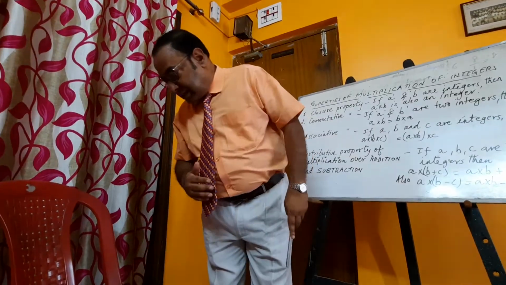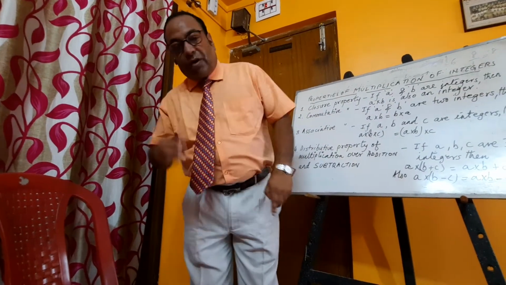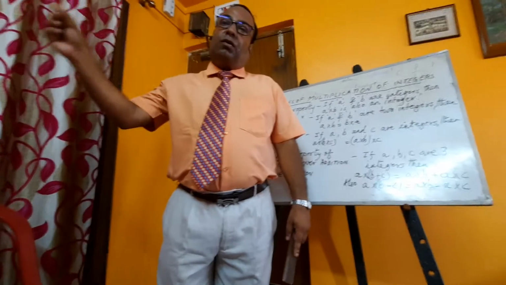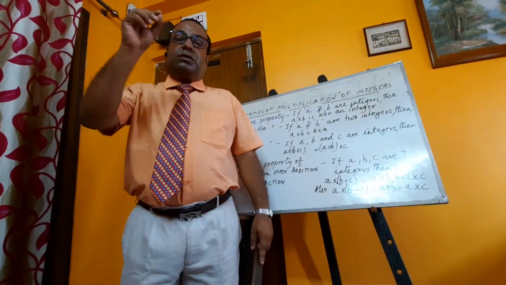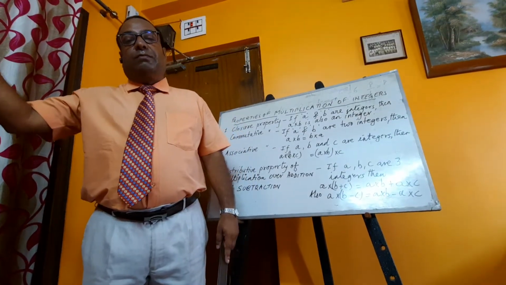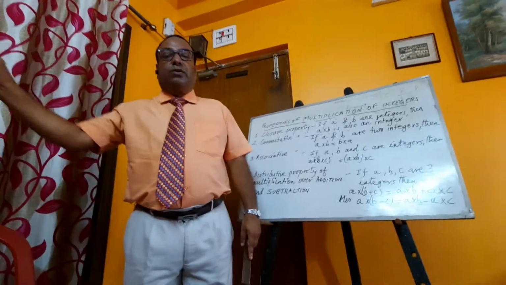And the next is the multiplication property of 0. We know very well that anything multiplied by 0 always gives you a 0. So if you take 100 multiplied by 0, it is the same as 0 multiplied by 100, which will give you a 0.